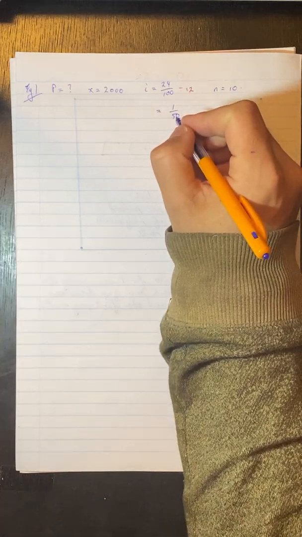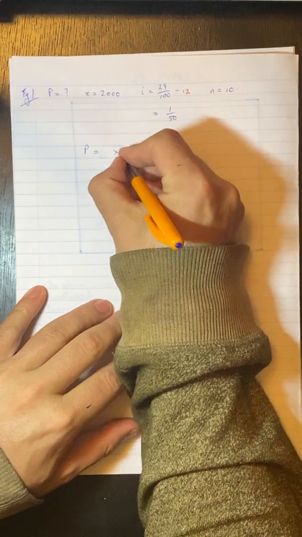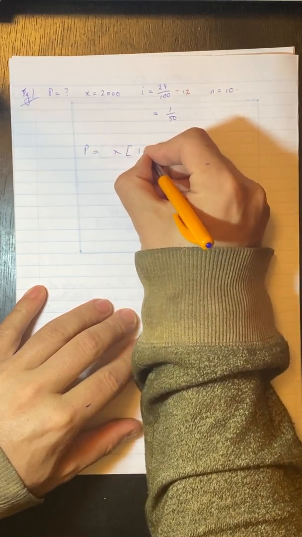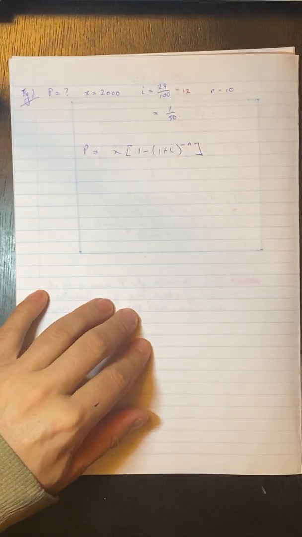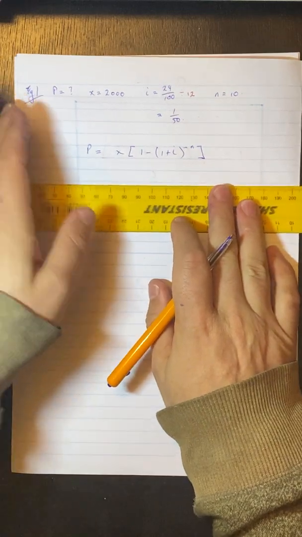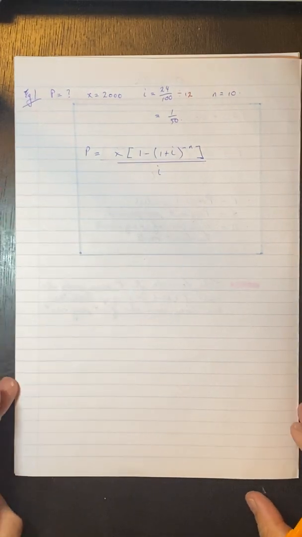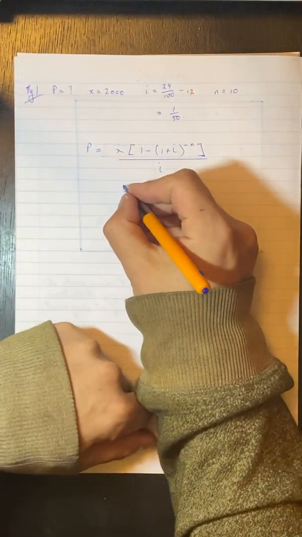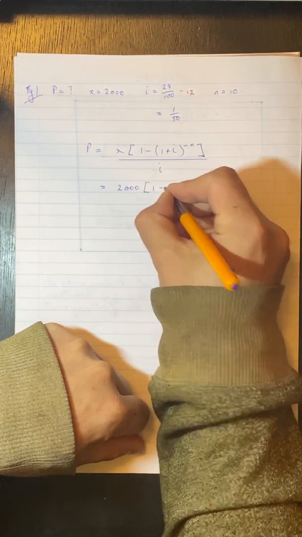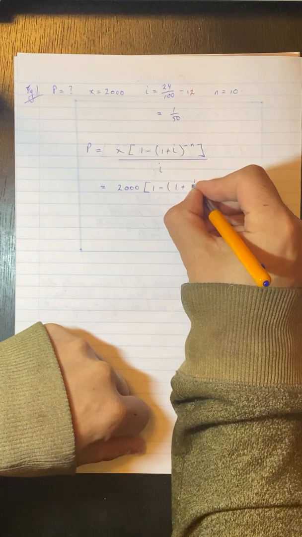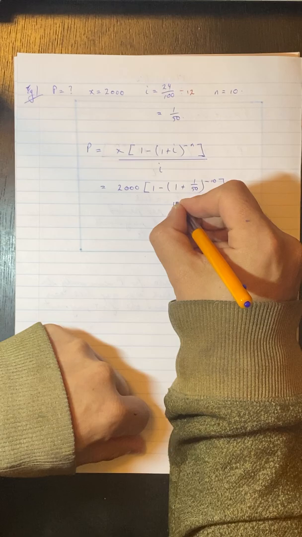Okay, so I'm going to use my present value formula. And we get P is equal to X, 1 minus 1 plus I to the minus N, all over I. Just substitute my values in. 1 over 150.